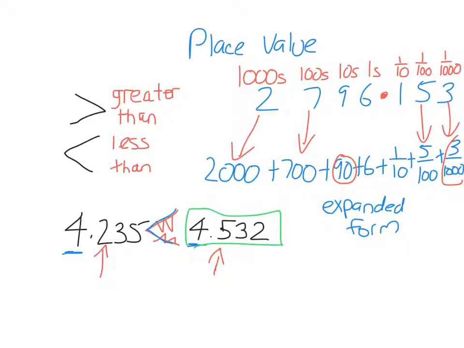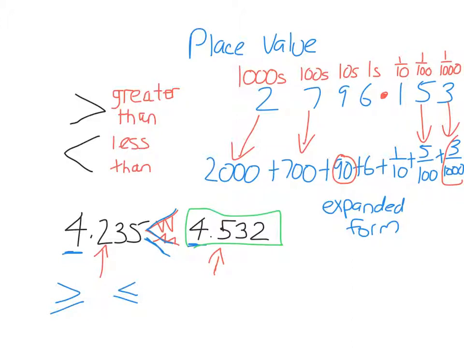You may also see these symbols, which is greater than or equal to or less than or equal to. I could insert one of those symbols in the above equation to make it true. If I put this line here, it now says 4.235 is less than or equal to 4.532. That is still true because they're equal to each other.